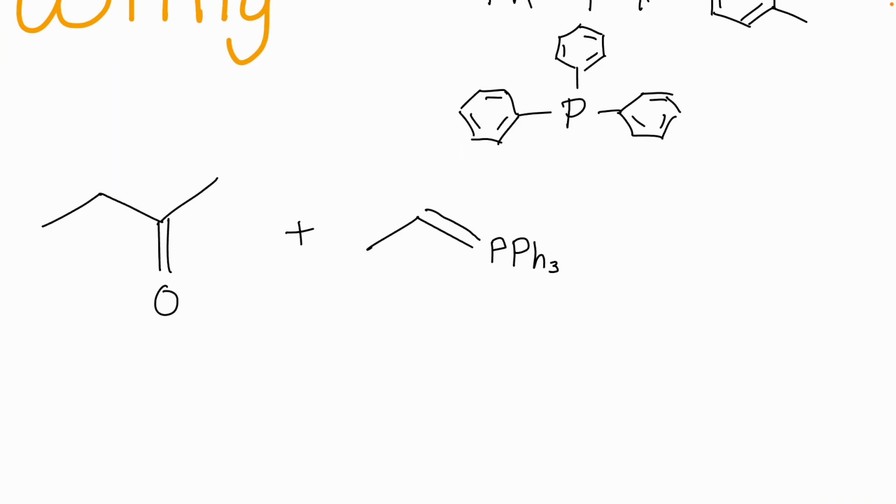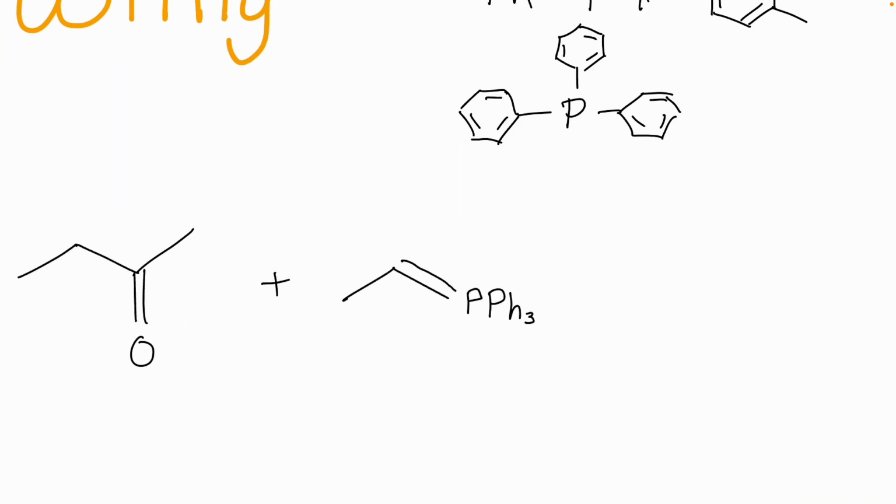In these reactions, we're going to create a new carbon-carbon bond between the carbonyl carbon, the carbon at the base of our carbonyl group, and the carbon at the other end of this Wittig reagent.